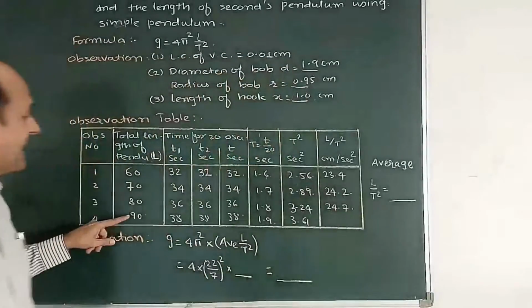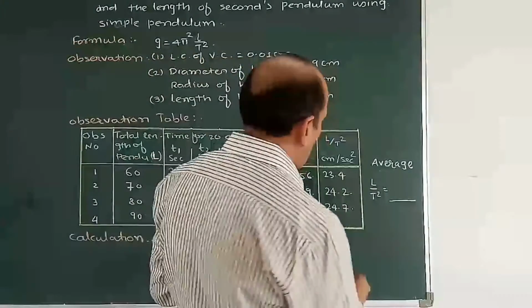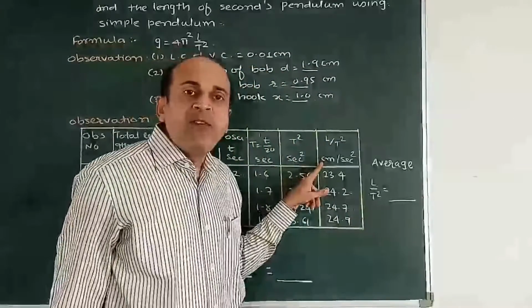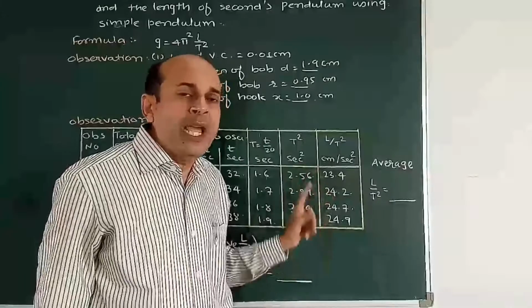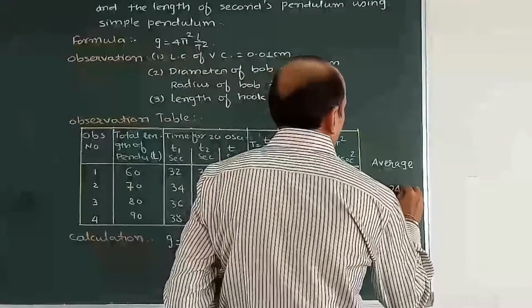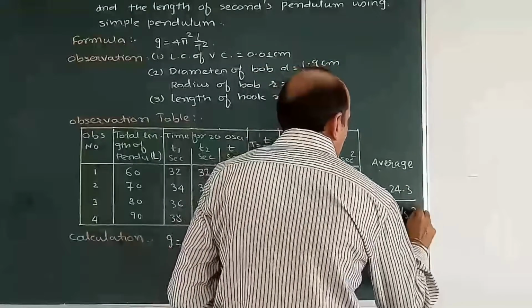And for the last, 90, dividing by 3.61, it is 24.9. Now let me find the average of all these 4 L by T square values, and it is equal to 24.3 centimeter per second square.